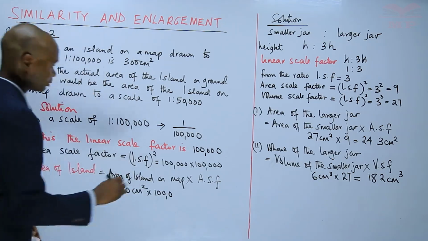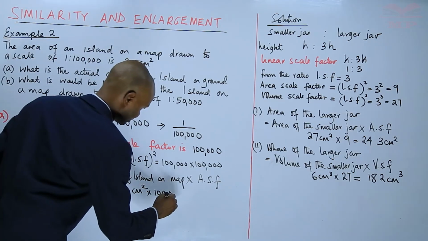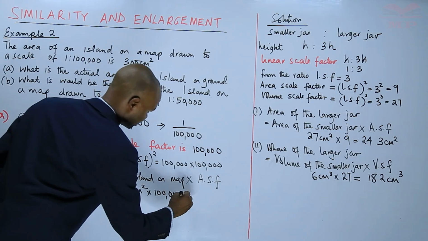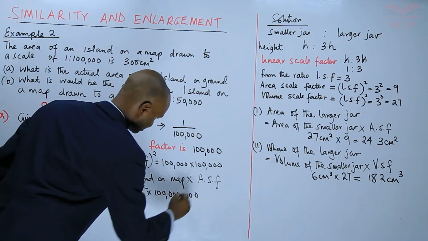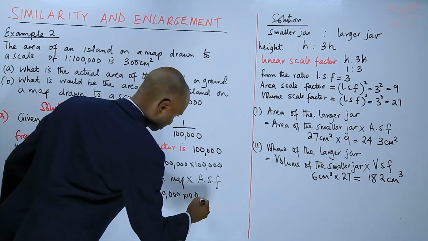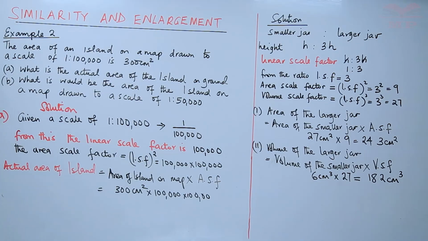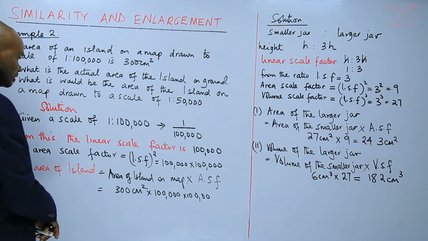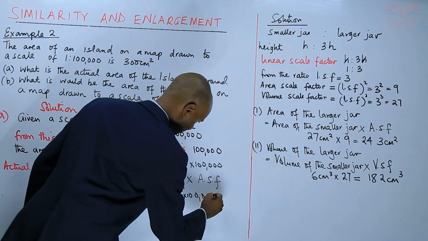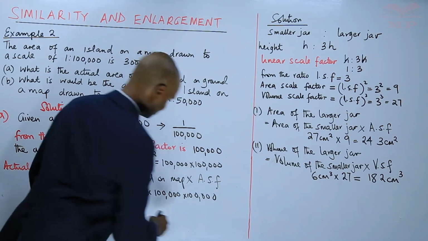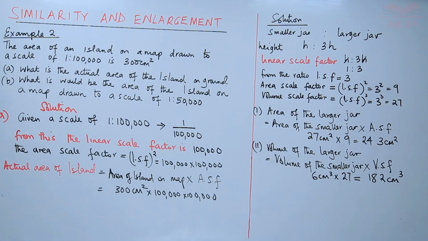100,000 times 100,000. This will give you square centimeters.